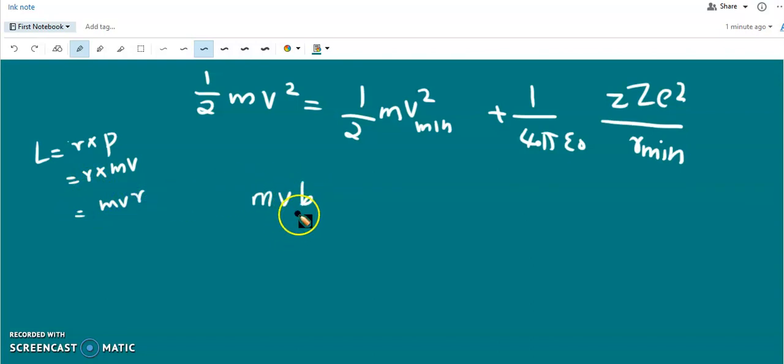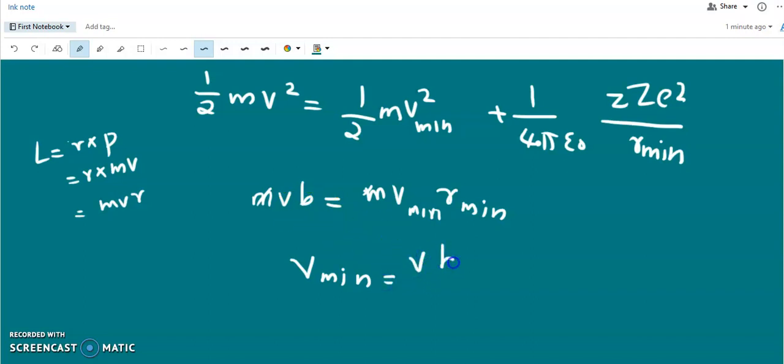When the projectile is at a distance equal to the impact parameter b, mvb is equal to, when the projectile is closer to the nucleus, the corresponding velocity v minimum and the corresponding distance R minimum. So mvb equals m v minimum R minimum, m can be cancelled, and therefore v minimum is equal to v into b divided by R minimum.